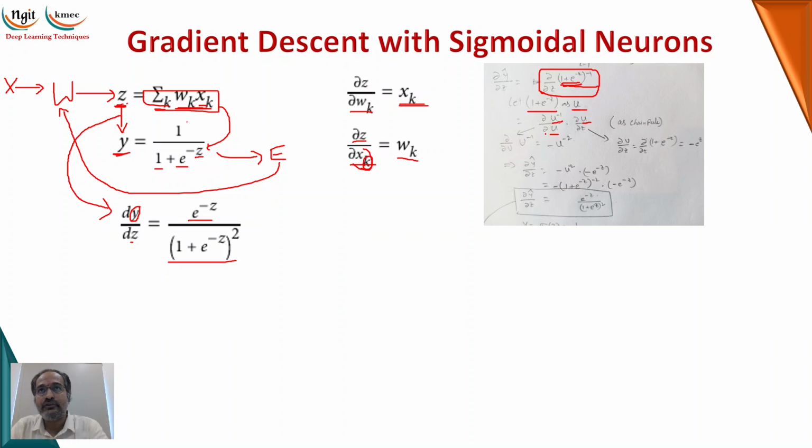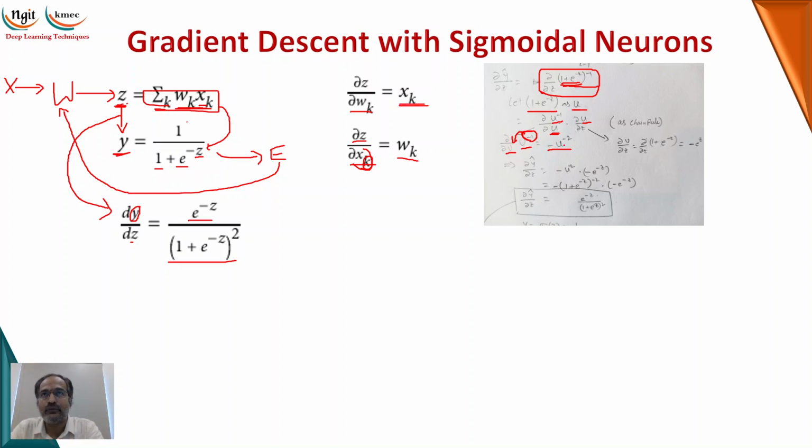And now dou u inverse by dou u will become minus u power minus 2. How does it become that? With respect to u we are deriving, so whatever is there in the exponent will come in front, so minus 1 comes in front, and the exponent decreases by 1.